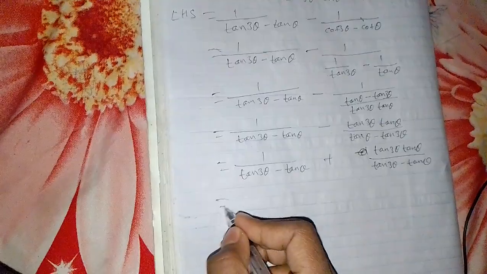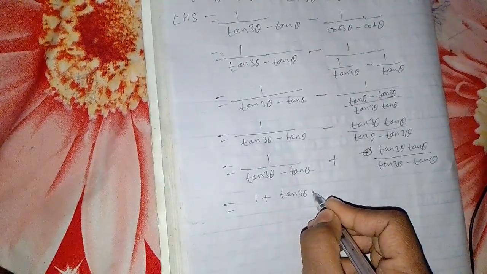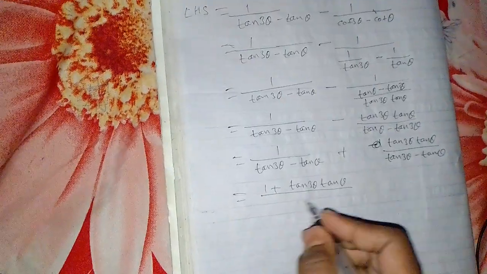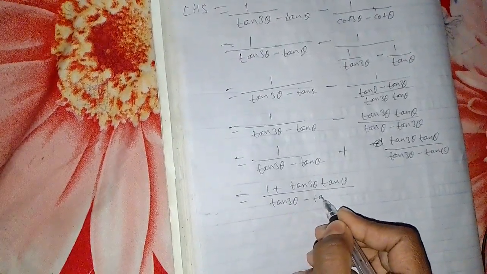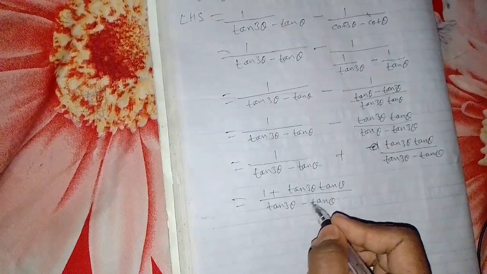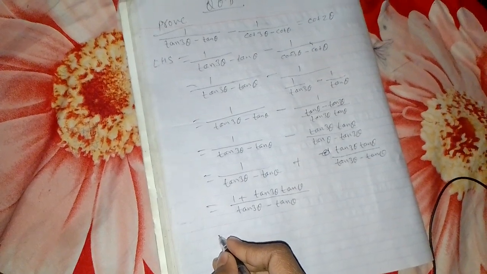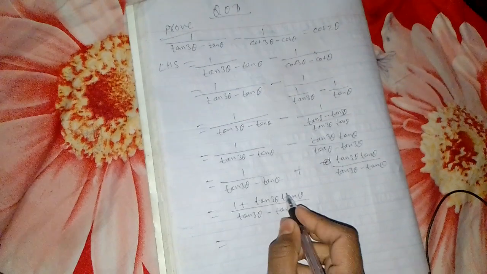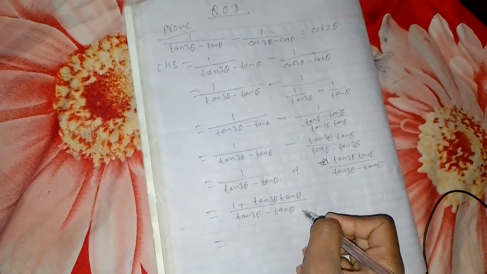Yes. Now this is going to be equal to 1 plus tan 3 theta tan theta, divided by tan 3 theta minus tan theta. This looks a bit familiar: we have multiplication and then a minus, but this is upside down.